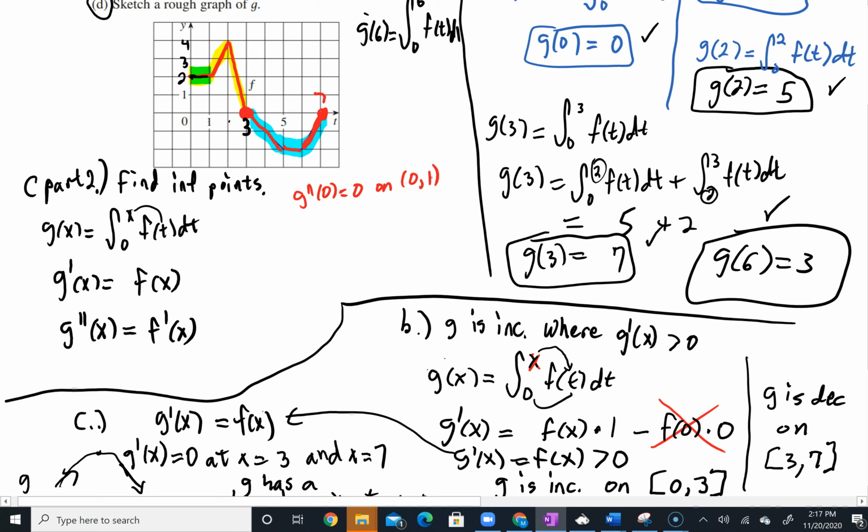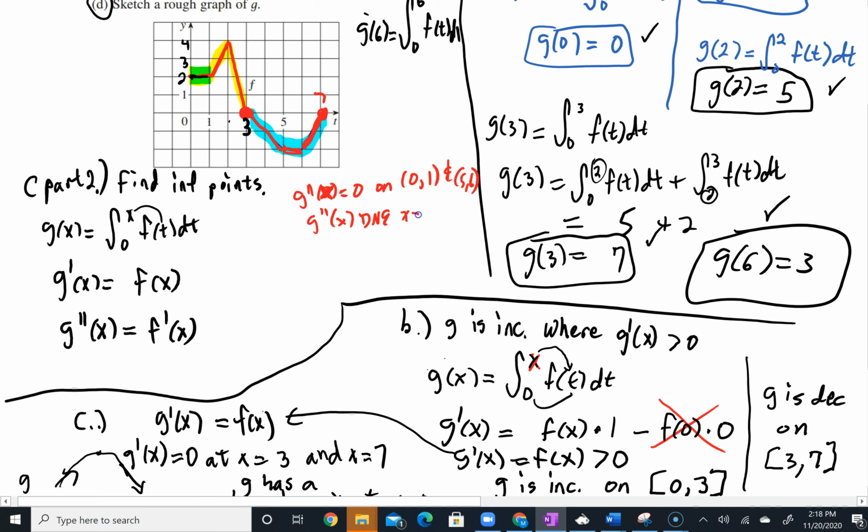Wow. Where else? Between 5 and 6. That's where it's completely flat. But G double prime of x equals 0, I meant to say. G double prime of x doesn't exist at corners.